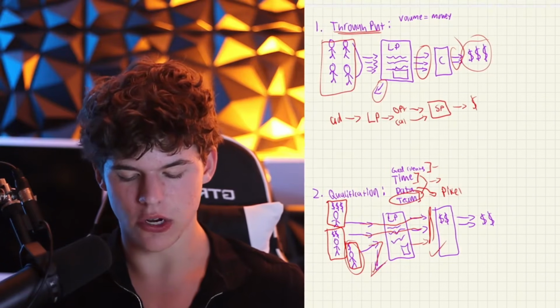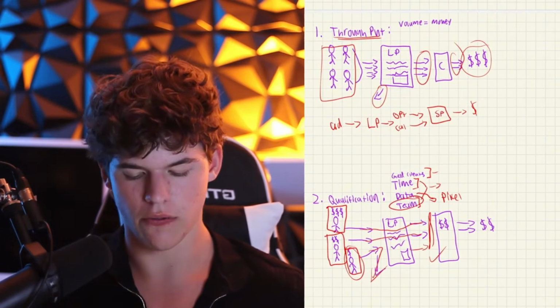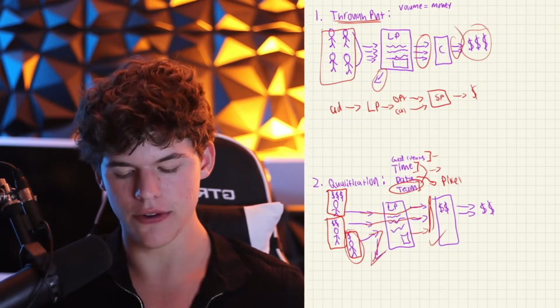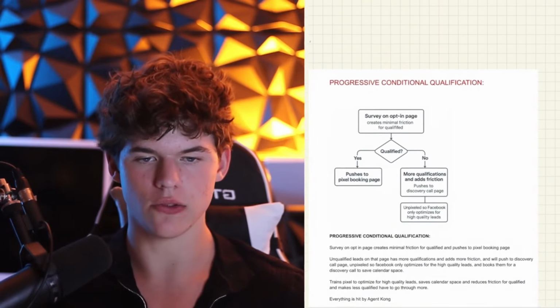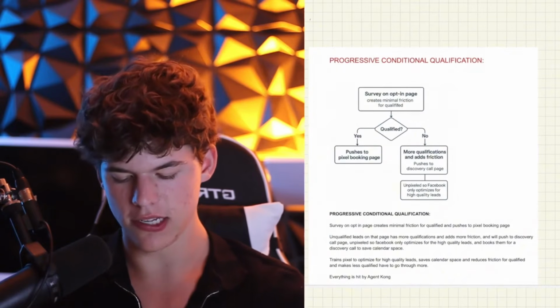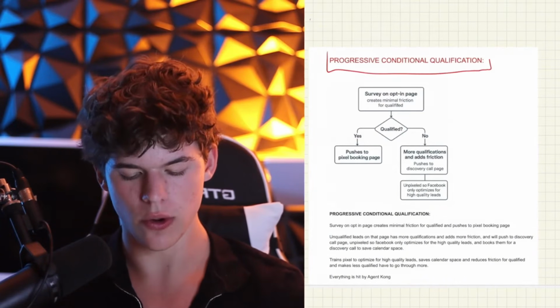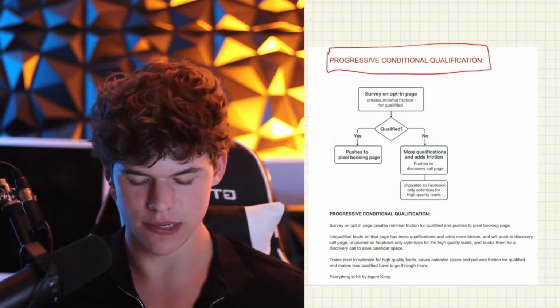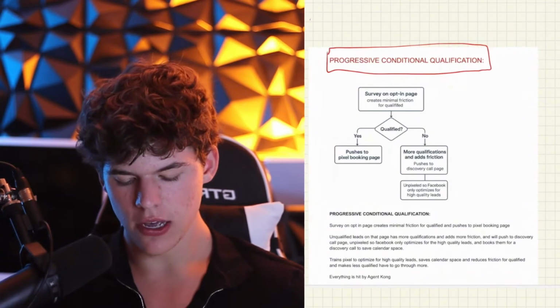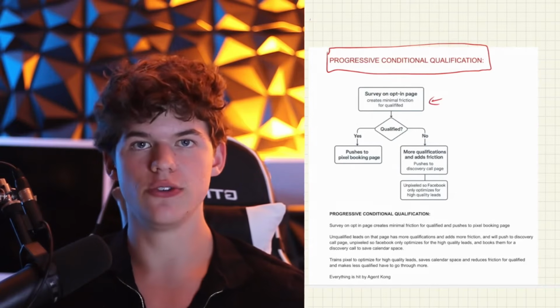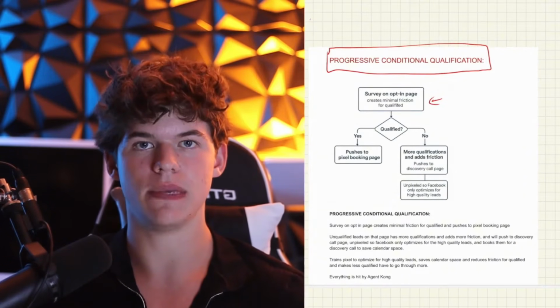I think these concepts are relatively straightforward, but I just want to reiterate them. So then the question becomes, how do we make those work together? And that's where progressive conditional qualification, or progressive conditional logic, comes in. When they get in on the opt-in page, the main goal is to reduce friction for qualified people, right?